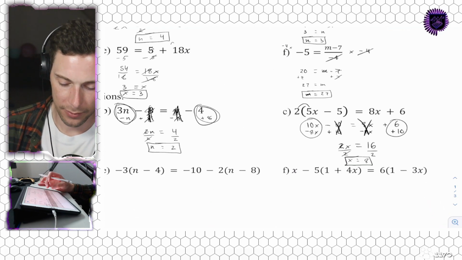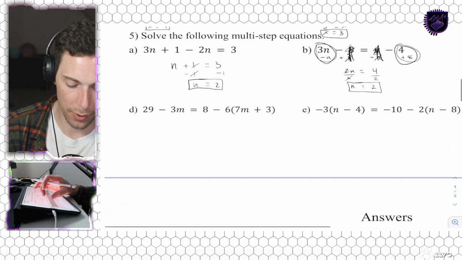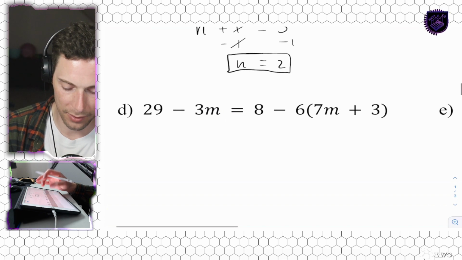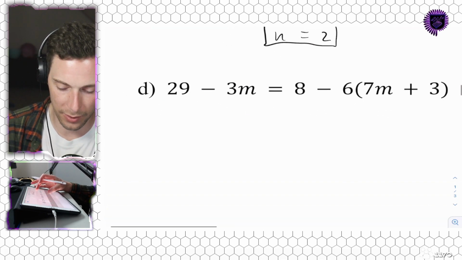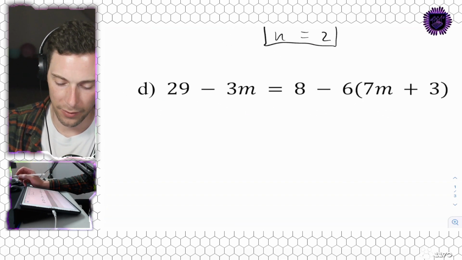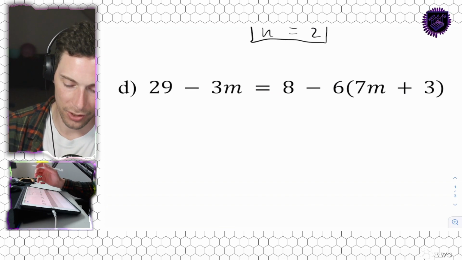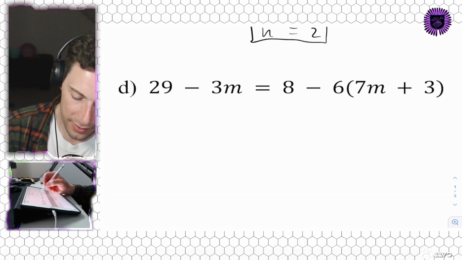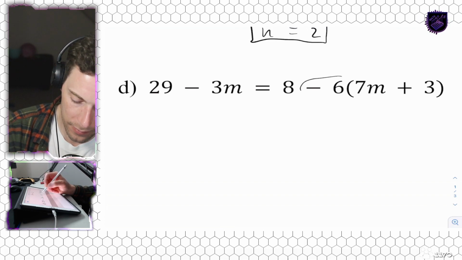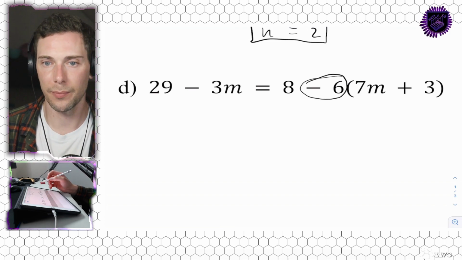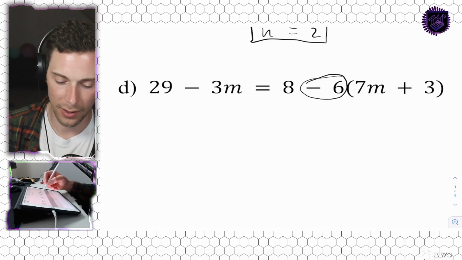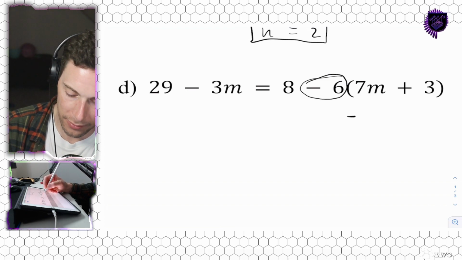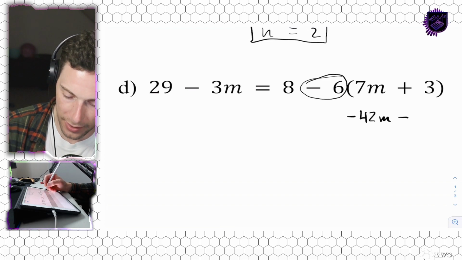Okay. Some more lengthy ones here. Let's check these ones out. So I can't even zoom in. All right. First things first, let's distribute, sorry. So this is the term -6, which is going to make -42m minus 18.